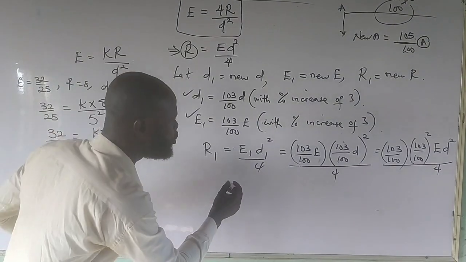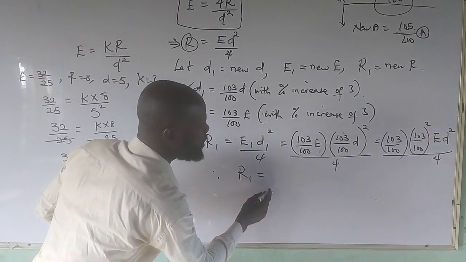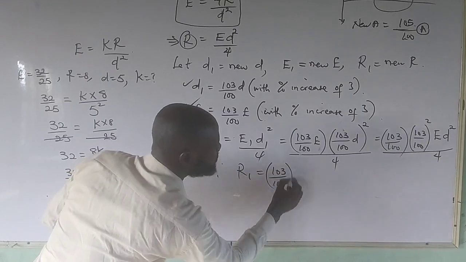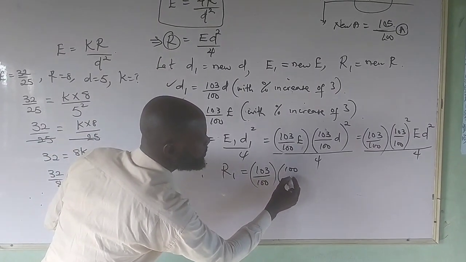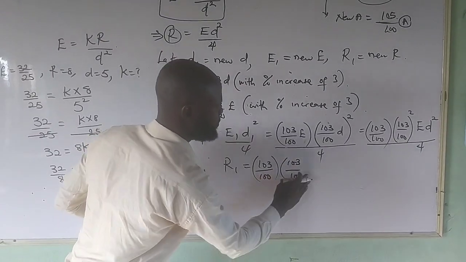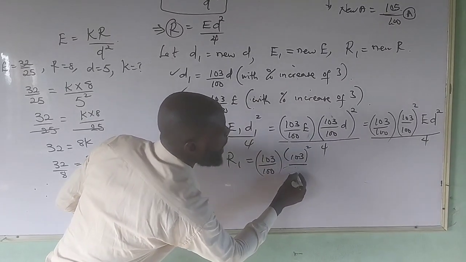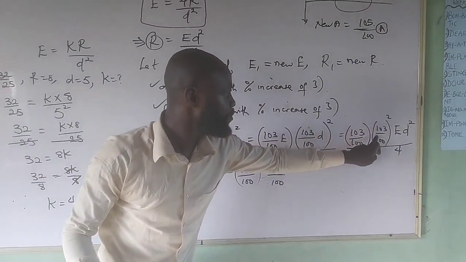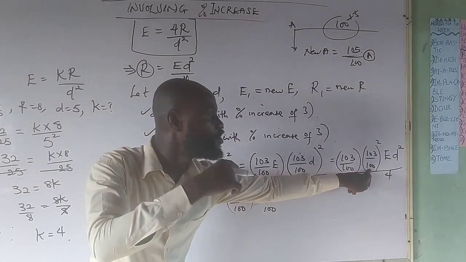So if we substitute, my R1 will give us 103 over 100 times 103 squared over 100 squared. Remember, we still have another 100 because we have 100 times 100.